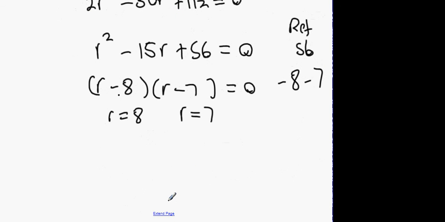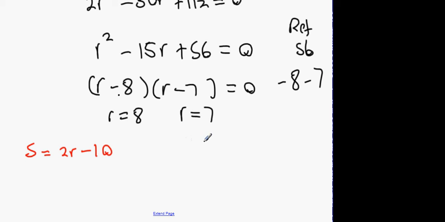Now lads, what we got to do next is we got to put that into the S formula. What did we say S was earlier? 2R minus 10. Now, there's 2 different answers. If there's 2 different answers of R, there's usually 2 different answers for S. Usually.